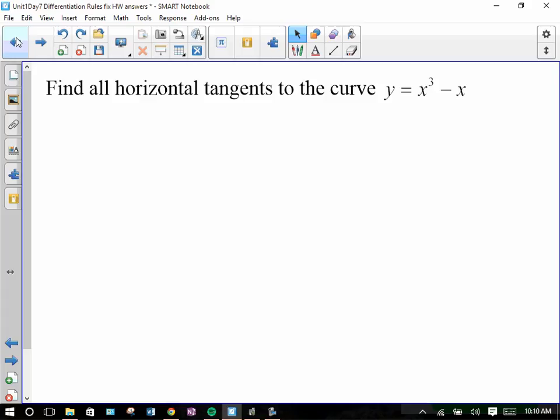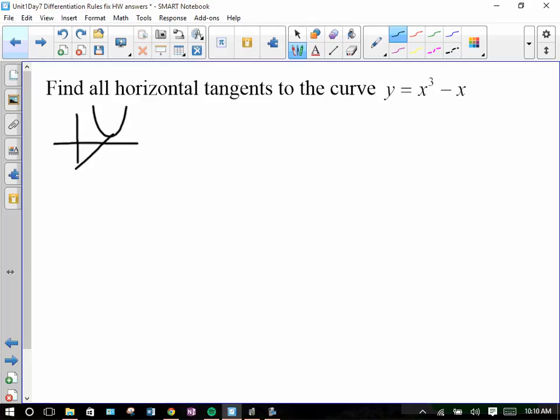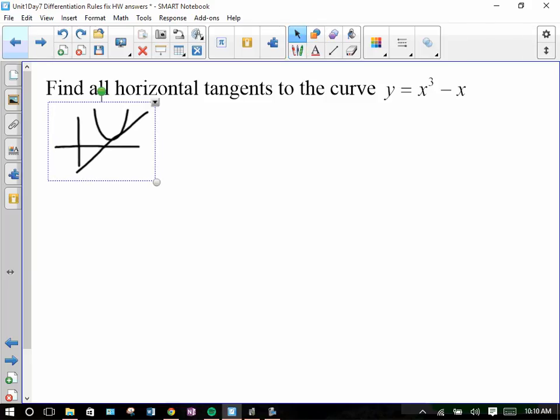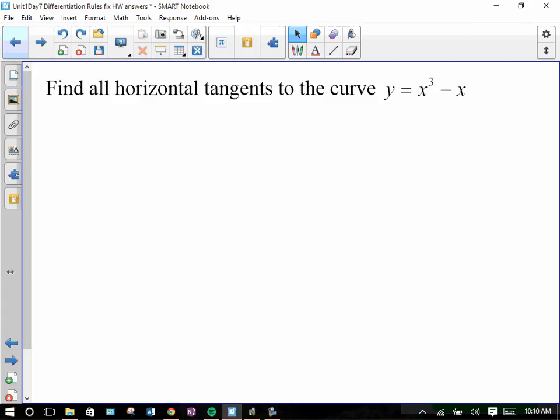So, for instance, if the graph looked like this, a tangent line would be drawn something like this. You get the picture. Let me draw one more time. There's a graph, looks like this.